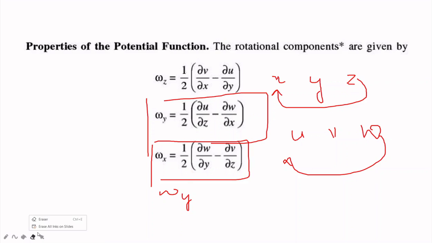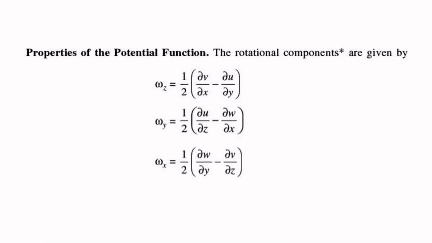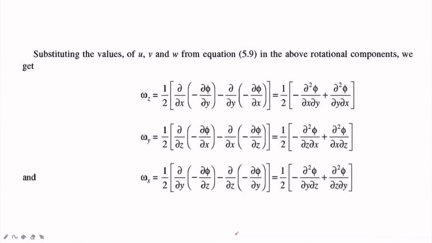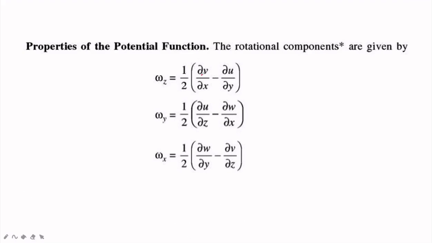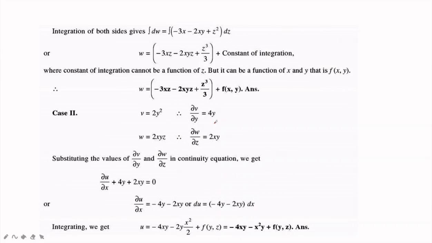Once we have the rotational components, we have to substitute. So omega z is half into dou by dou x of v, and the u term. We already know what u and v are.